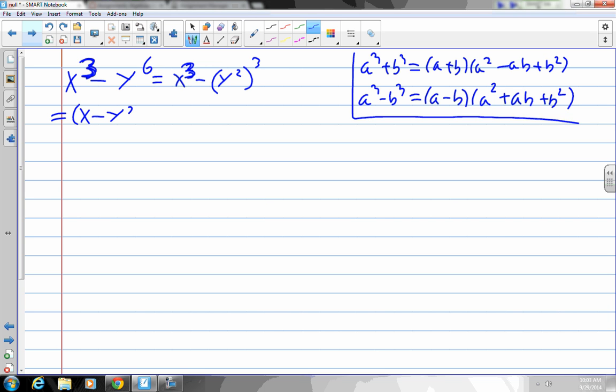X minus y squared, right? A minus B. And then A squared plus their product plus the last term squared, which is y to the power 4. Right?